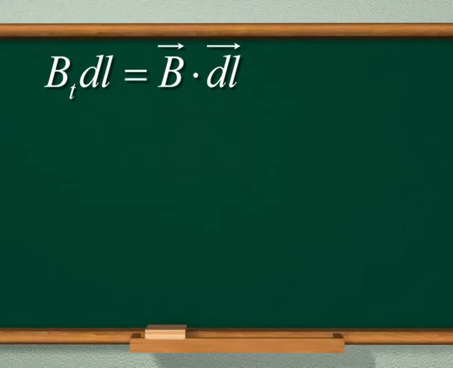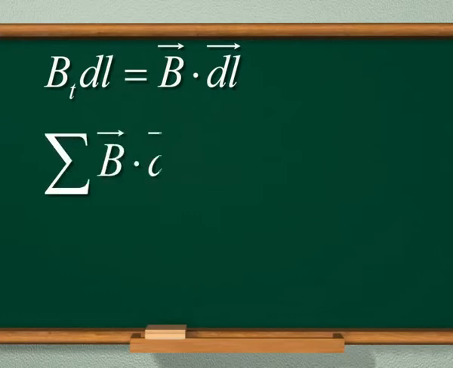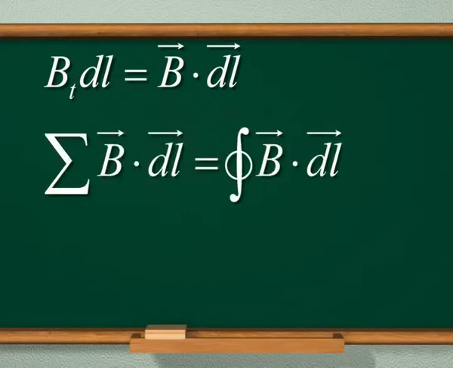If the length dl is very small and products for all elements of the closed boundary are added together, their sum is equal to the integral around the closed path or loop. Therefore, the summation of B dot dl over all elements on a closed path is equal to the line integration of B around the closed path or loop whose boundary coincides with the closed path.